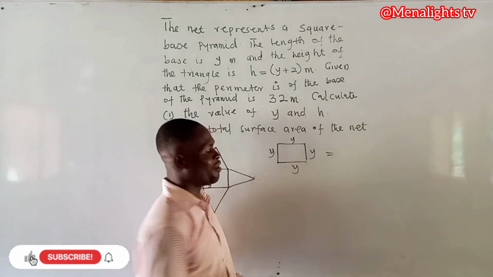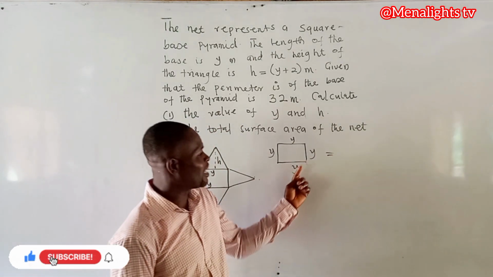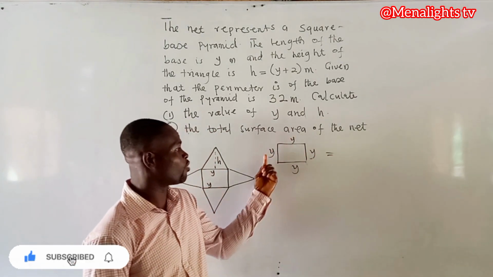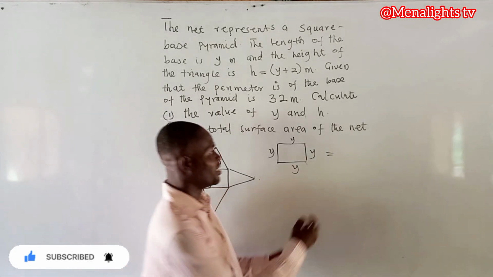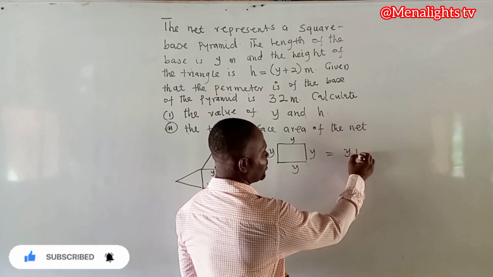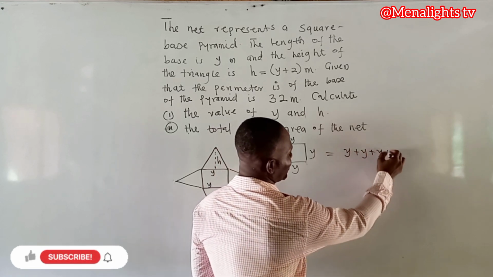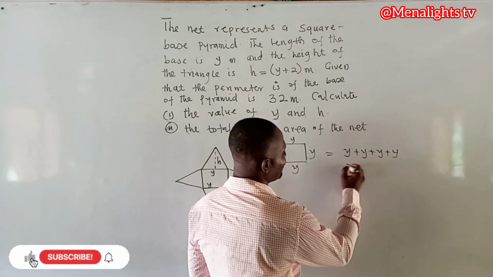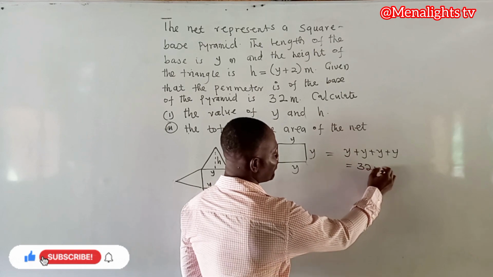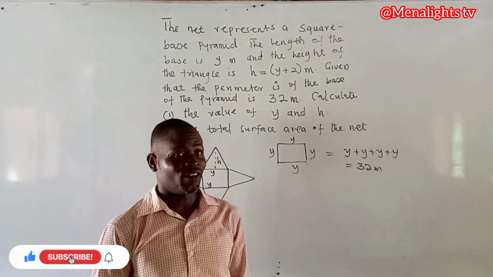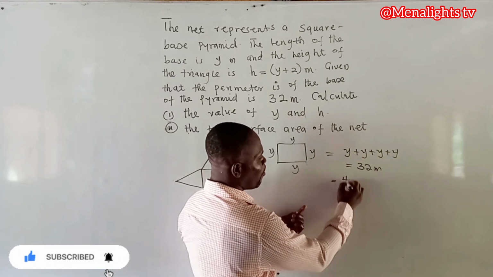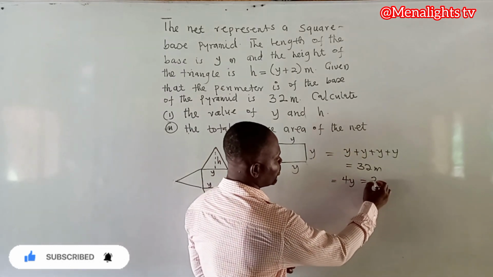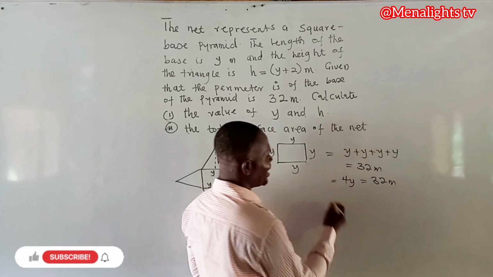We need to add y plus y plus y plus y, because the perimeter is the total distance around the figure. That gives us 32 meters, because you're not given the value of y. So we have 4y equals 32 meters.